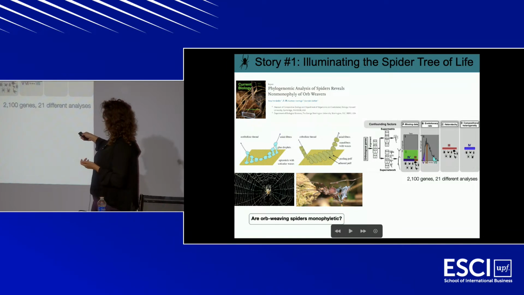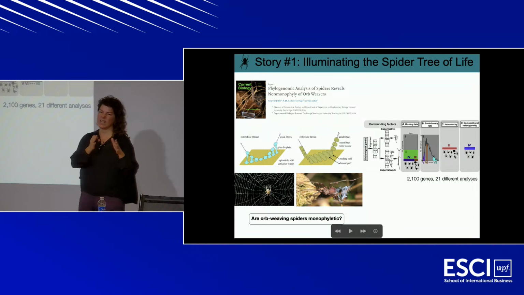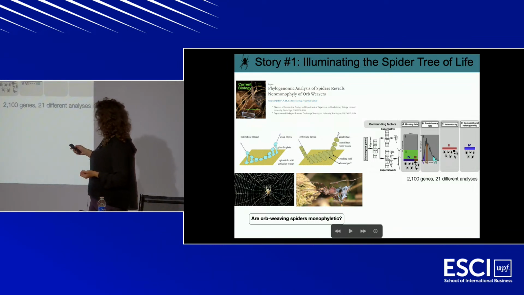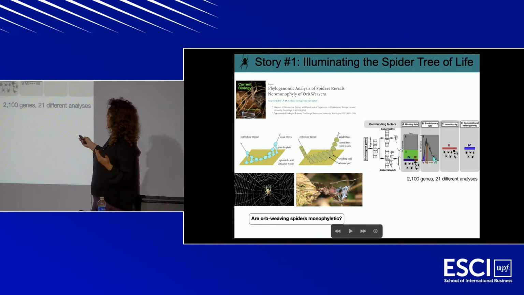So basically, we took the 2,000 genes, we concatenated them together, and we also analyzed them individually through different approaches. We were accounting for some factors that we know affect phylogenomic inference, such as missing data.